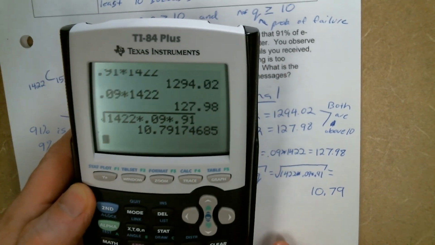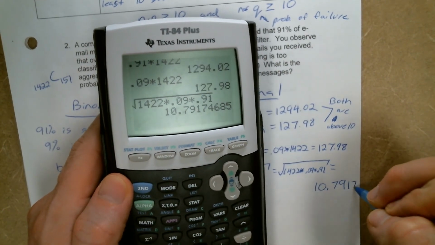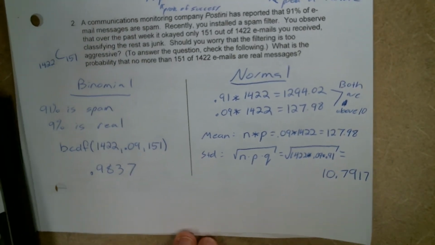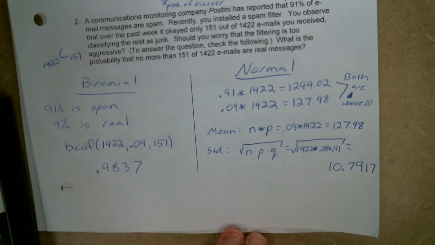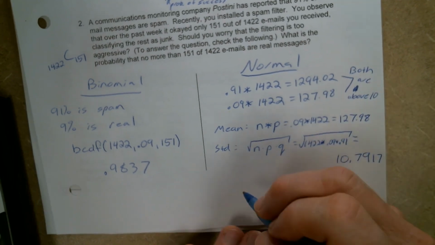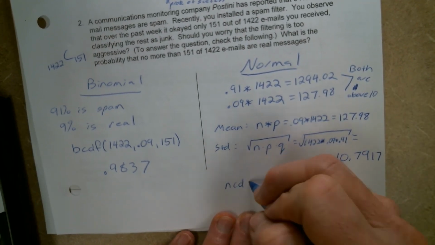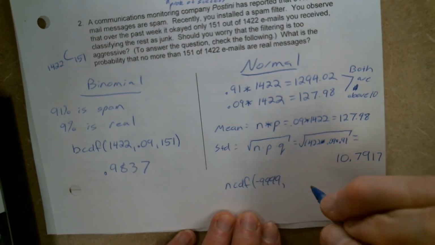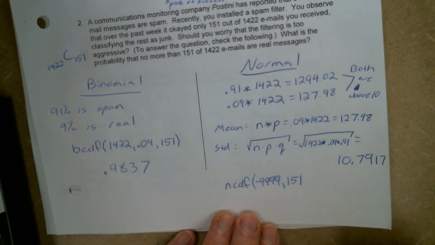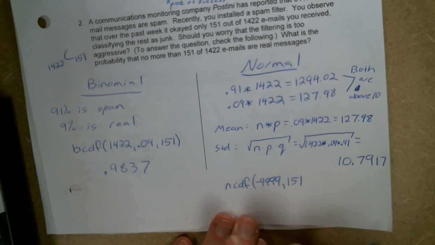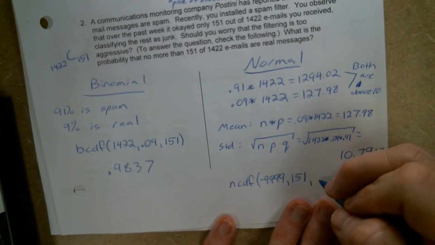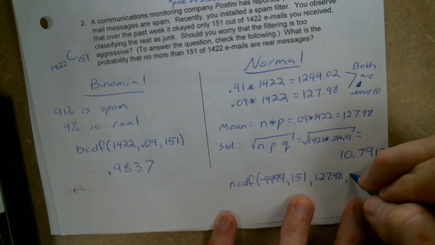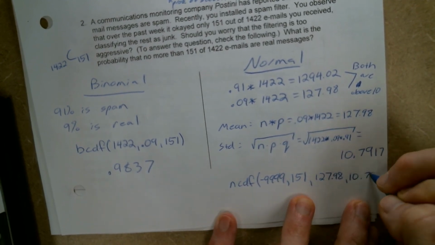All right. Let's go a little further, because by rounding it, we are going to lose some accuracy here, which might make these answers a little more different. So we'll at least go 4 decimals here. So now that we have these two values, we can say, what's the NCDF of negative 9999 to 151? Same thing, we're doing 151 and down when the mean is 127.98 and the standard deviation is 10.7917.